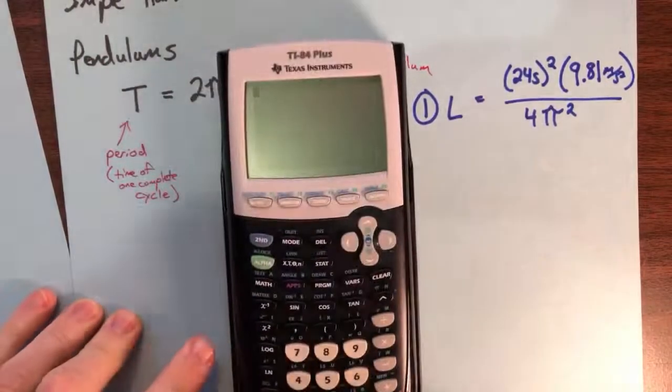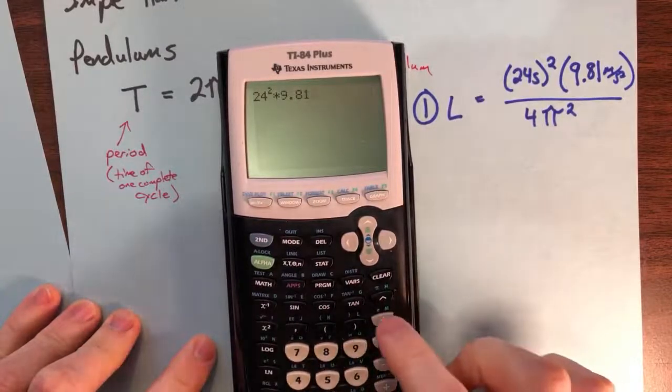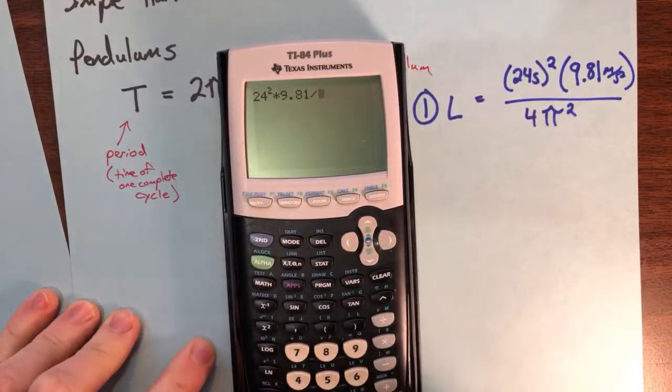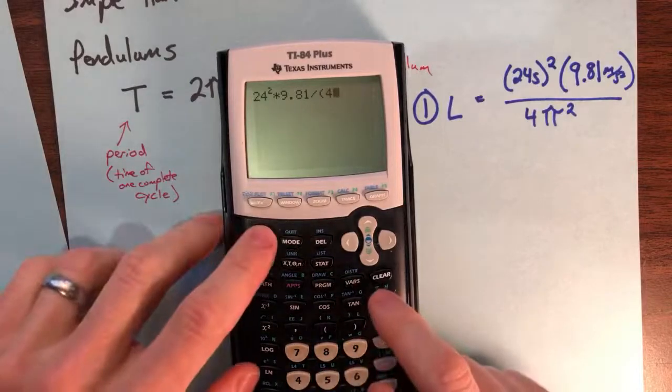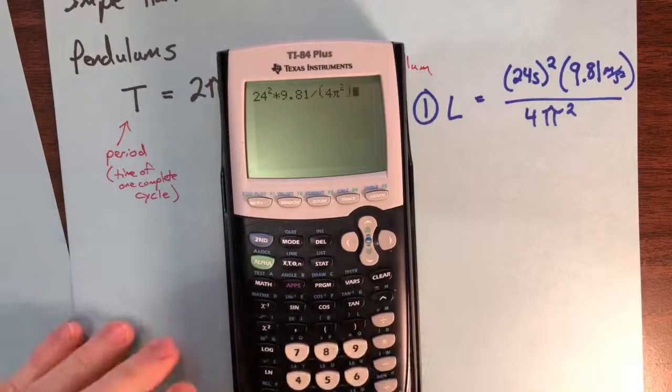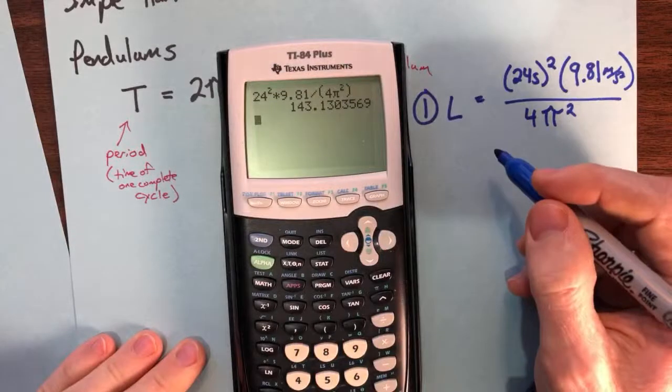That's going to be 24 squared times 9.81 divided by 4 pi squared on the bottom. You could put the whole bottom in parentheses, which is probably the best way to do it, or you could just do multiple divisions. That is going to be our answer: 143 meters.